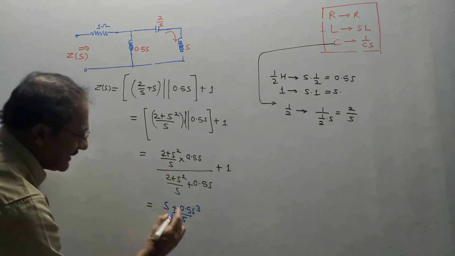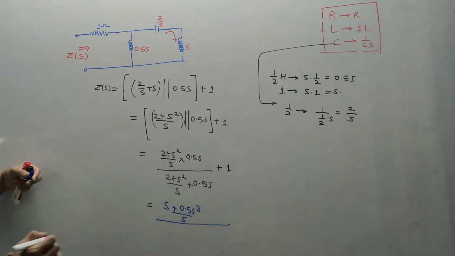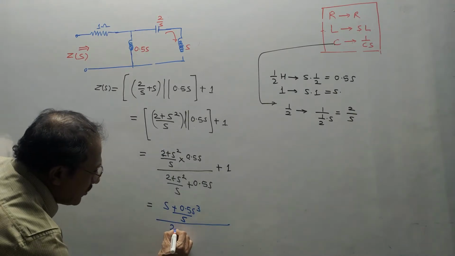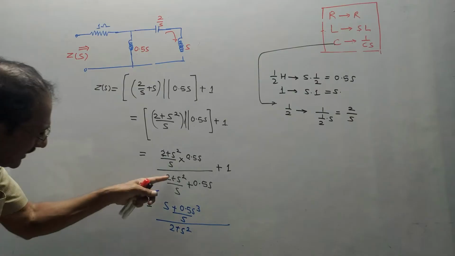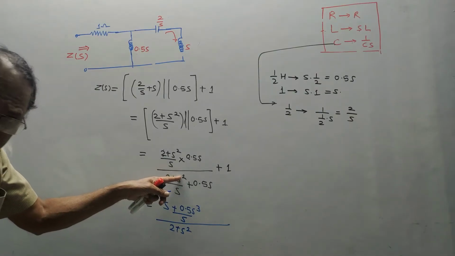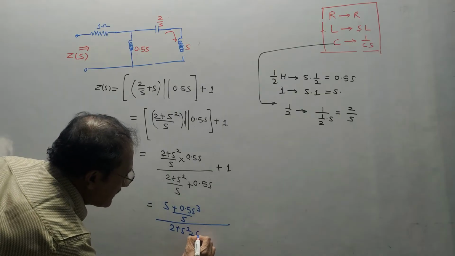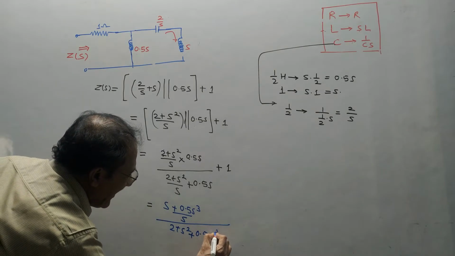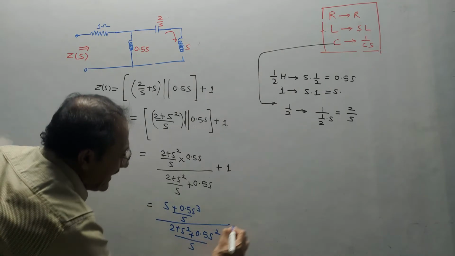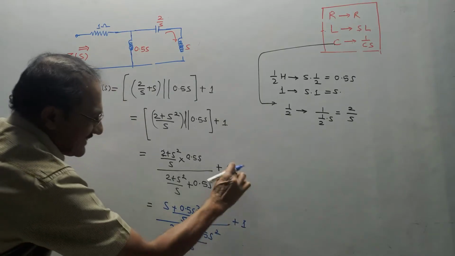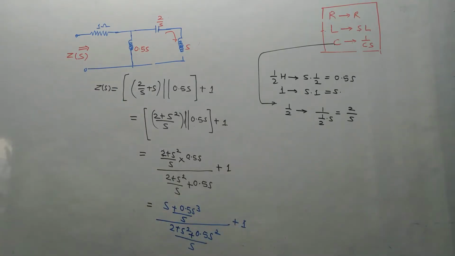This term I have kept as it is, divided by this numerator term 2 plus s square remains as it is. I am taking LCM, so multiply this value by s, so it becomes plus 0.5 s square divided by s, plus 1. This last term I have kept as it is.